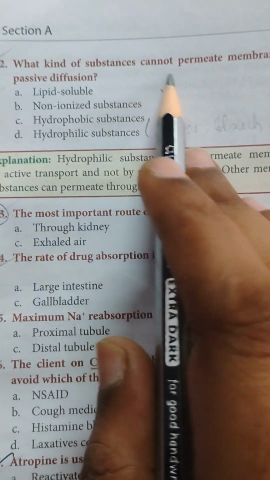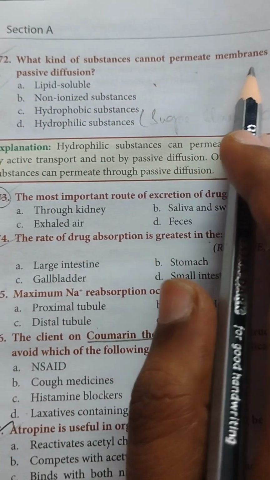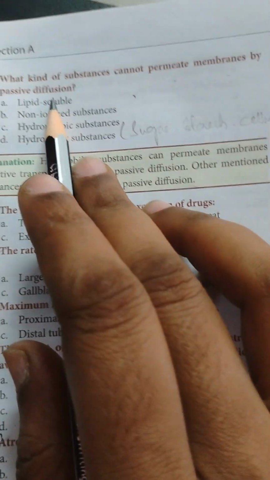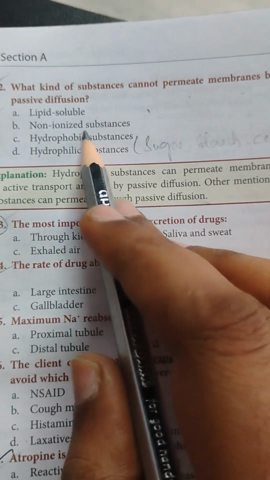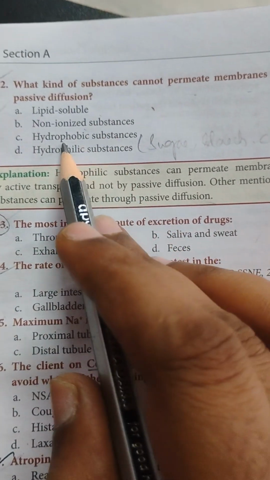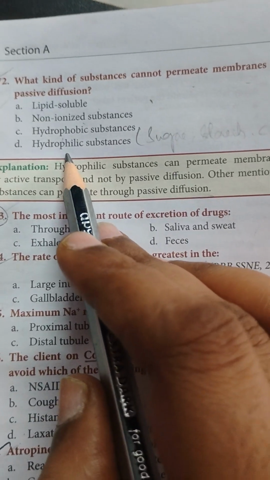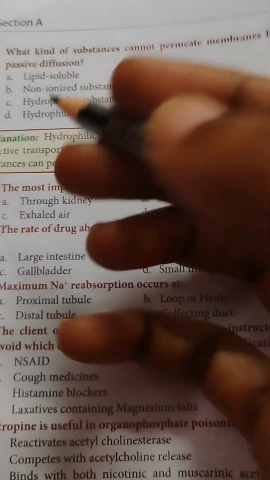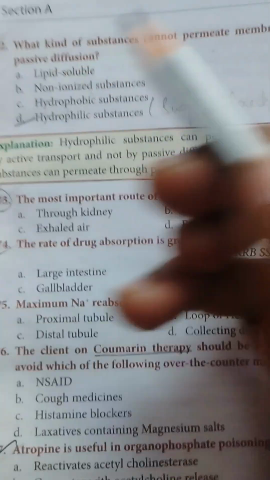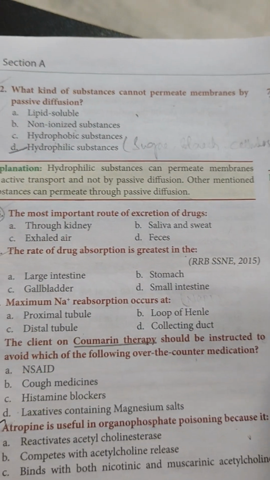The next question. What kind of substance cannot permeate membranes by passive diffusion? Lipid soluble, non-ionized substances, hydrophobic substances, hydrophilic substances. The answer is D, hydrophilic substances.